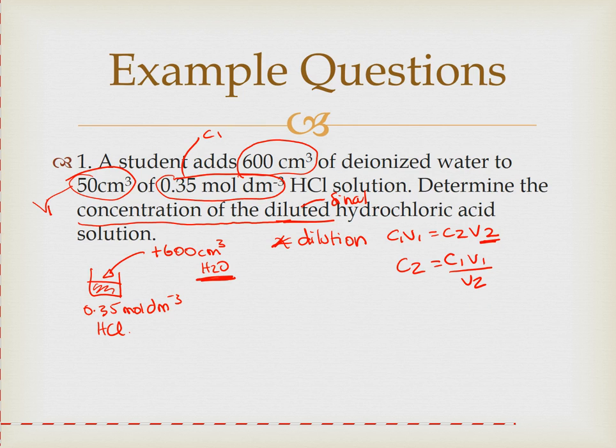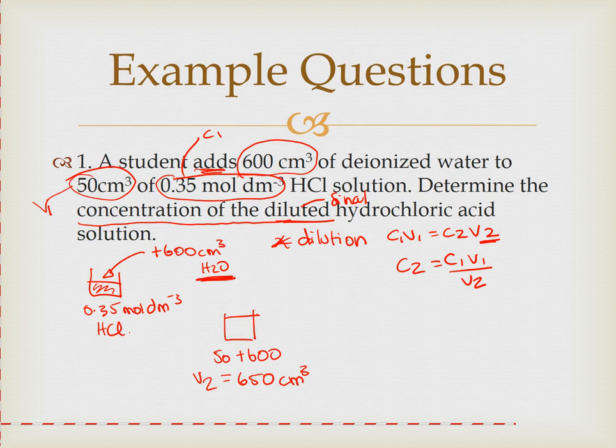Here's the catch. They haven't given us a final volume. They've said they have added 600 centimeters cubed, which means my final volume is my initial 50 plus another 600. So V2 is actually going to equal 650 centimeters cubed.